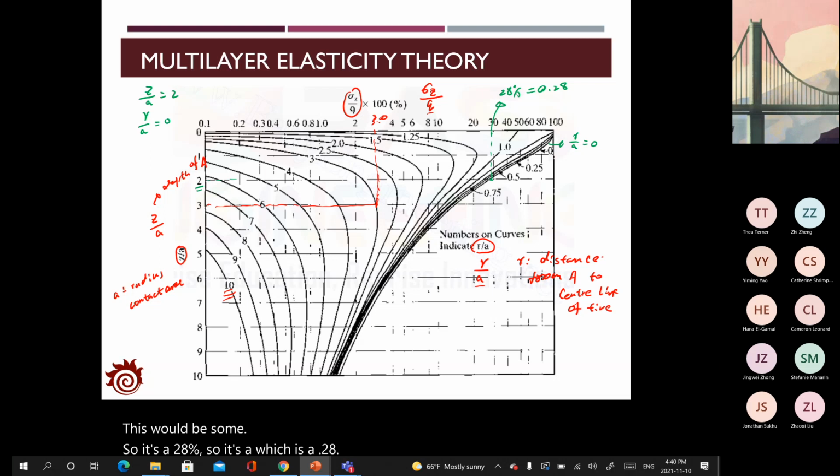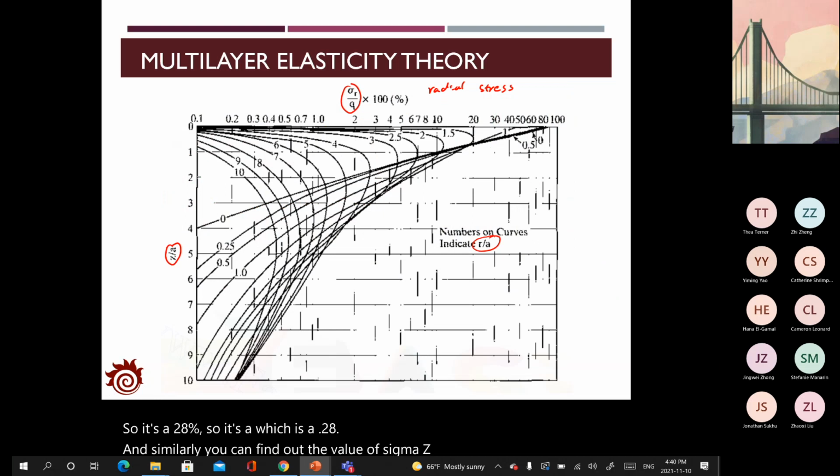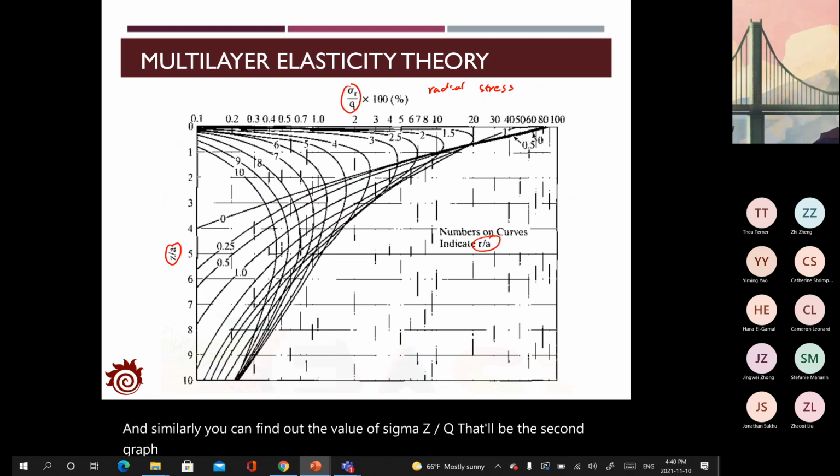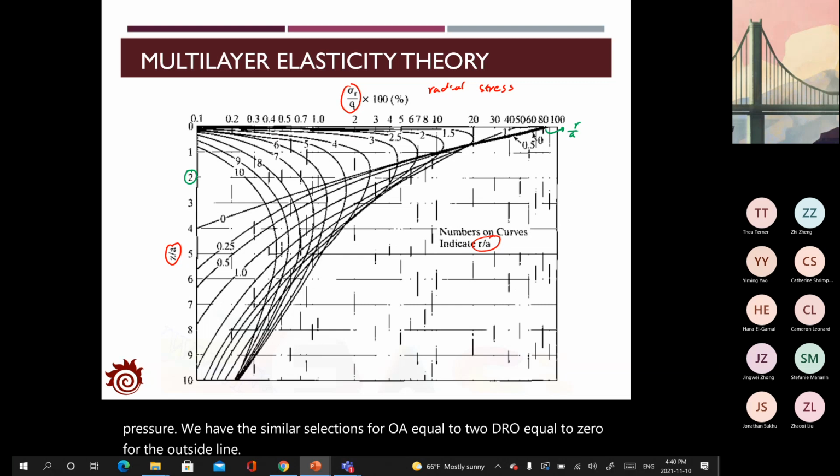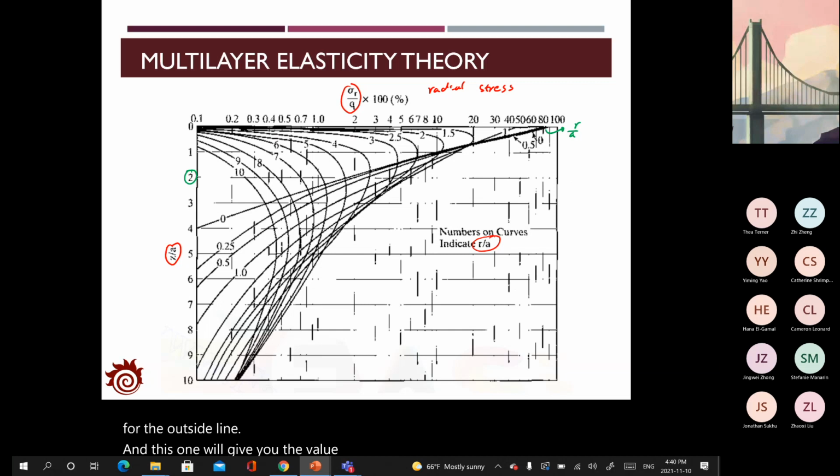And similarly, that will be the second graph, for sigma r over q, the radial stress with respect to the contact pressure. We have the similar selections for z over a equal to 2, r over a equal to 0 for the outside line.